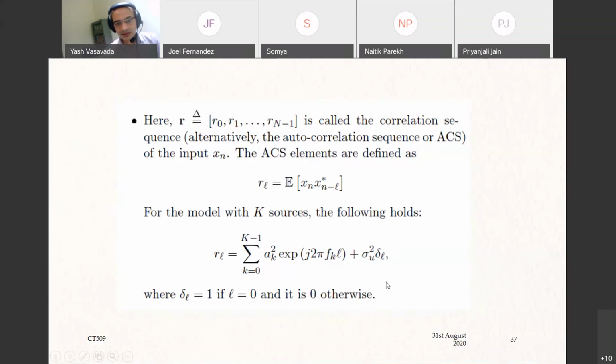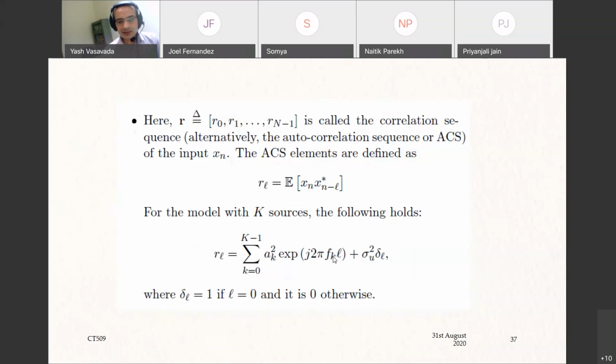When L is not 0, then surprisingly, this a_k squared gets multiplied by the complex exponential function of each of these f_k with index L. So now how can you show this?